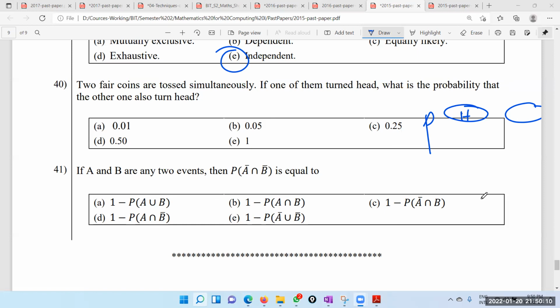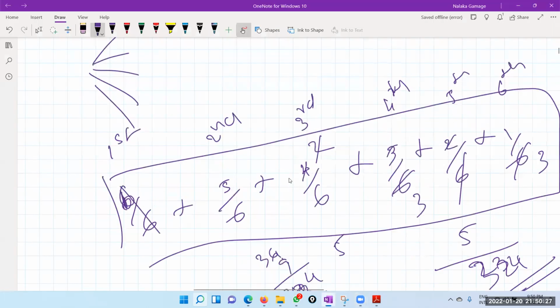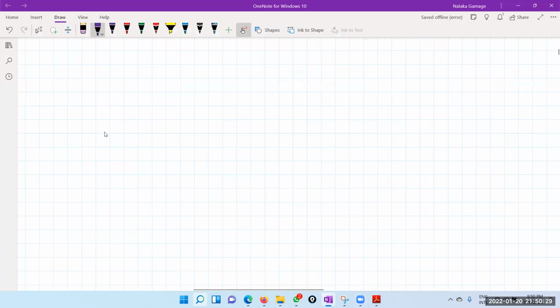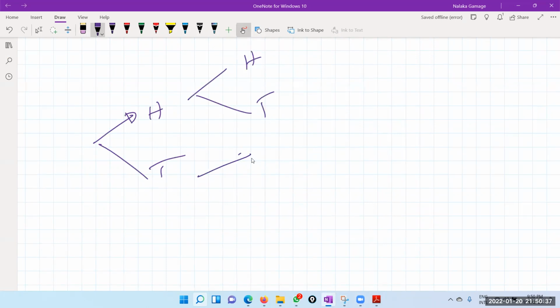සමහර කෙනා answer එක 0.5 කියන්න පුළුවන්. මොකද කියන්නේ? එක්කෙනෙක් head ඇවිල්ලා තියෙනවා. බලමු. So first one can be head or it can be tail. When this is head, the other one can again be head or tail.